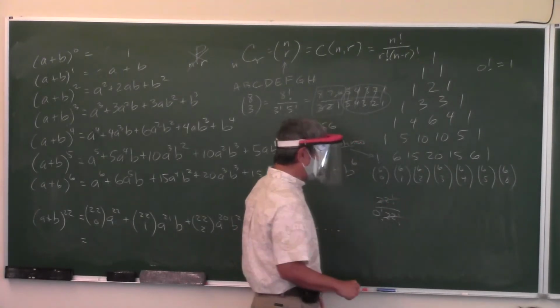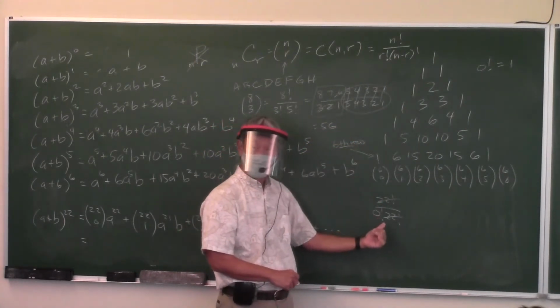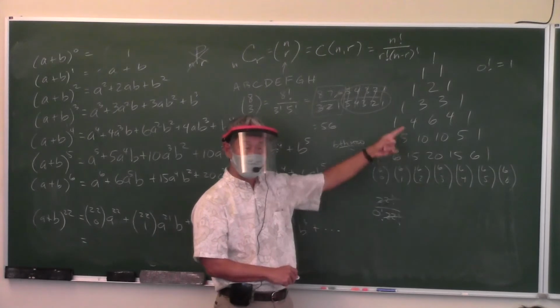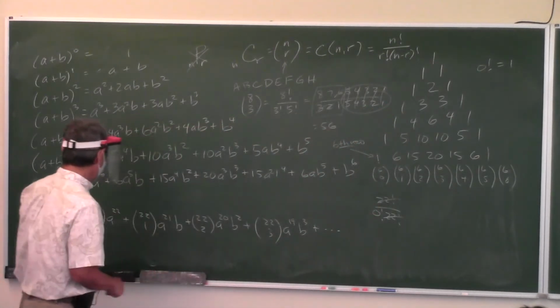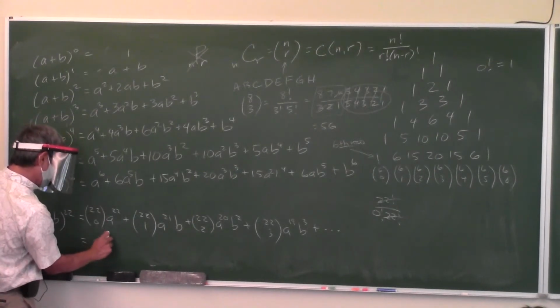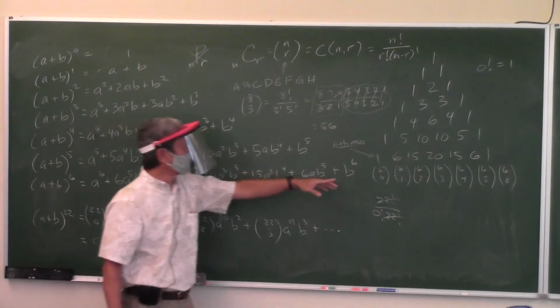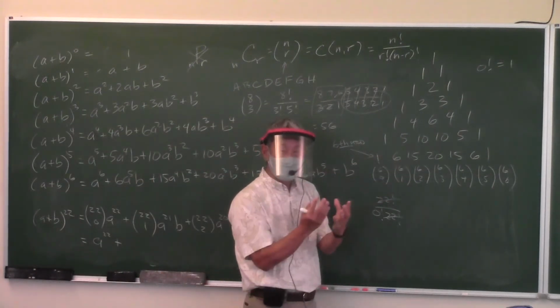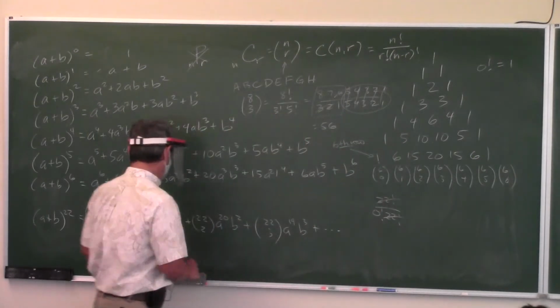These cancel out, and that's why 0 factorial is 1. Because if 0 factorial was 0, you would get undefined here. That's why mathematicians have defined it as 1, so the formula works. So 1, a to the 22, plus 22 choose 1. Any number choose 1, what do you think it is? 22. Yeah, it's itself. So 22.